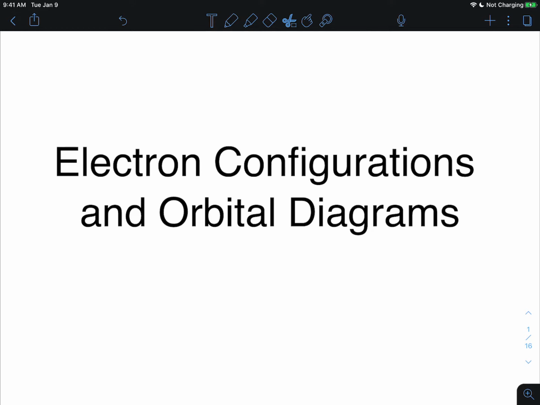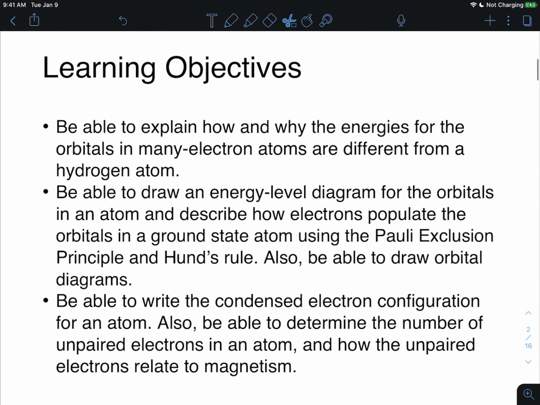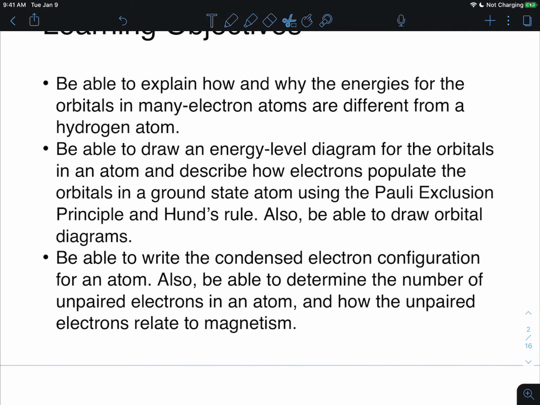Hello. In today's video, we're going to be looking at electron configurations and orbital diagrams. So at the end of this, we should be able to explain how and why the energies for the orbitals of many electron atoms are different from the hydrogen atom, which we've already discussed.